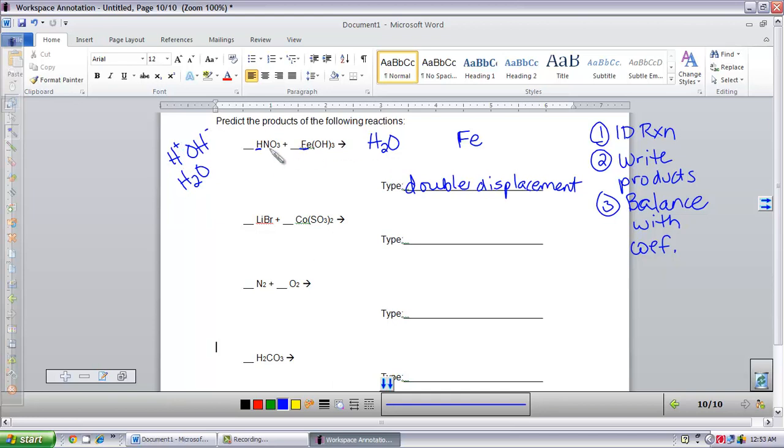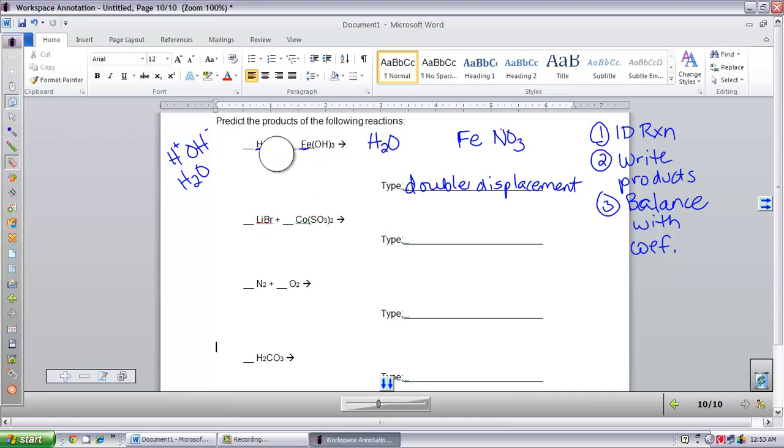Okay, now iron is going to be mixed with nitrate. But you may not know how they're mixed together. What is the oxidation number of iron? Well, if you didn't have any information, you wouldn't be able to tell. But we do have information. This 3 came from the oxidation number of iron.